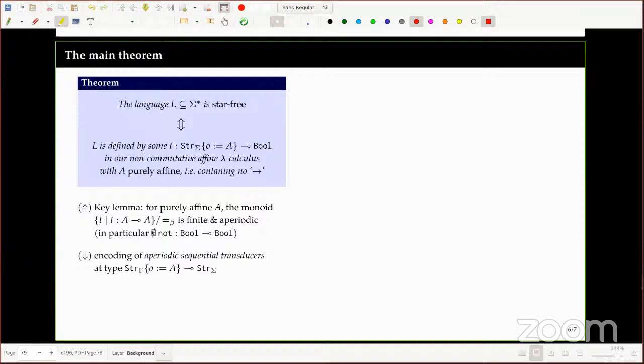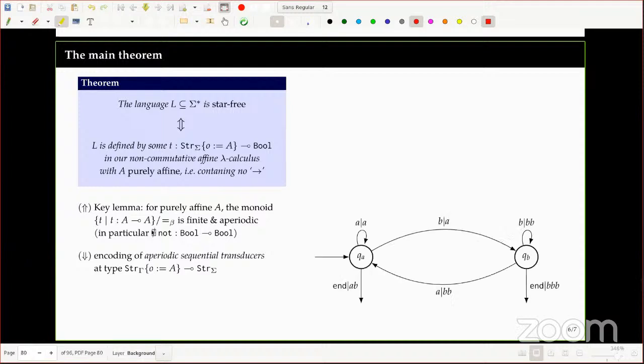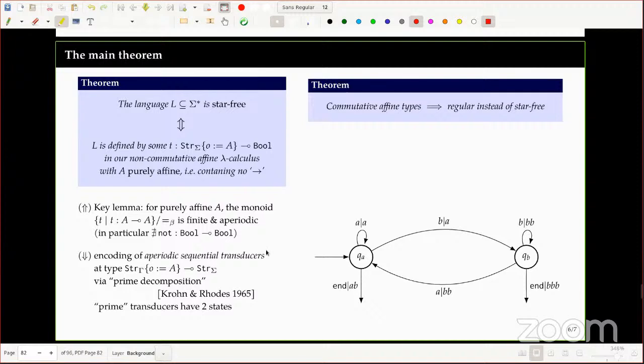And for the converse, we use the Krohn-Rhodes theorem. To do so, we need to show that aperiodic sequential transducers can be encoded in the non-commutative lambda calculus. And we do this using the Krohn-Rhodes theorem, which we think is interesting.